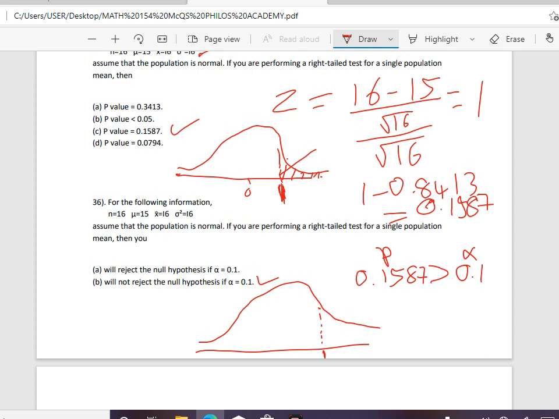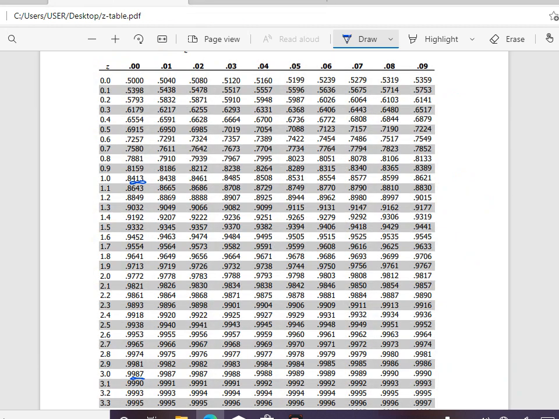It gives you 0.9000. So we search for 0.900. We have 8997, which is closer to 9000. So we have 1.28. So 1.28 is your critical value.